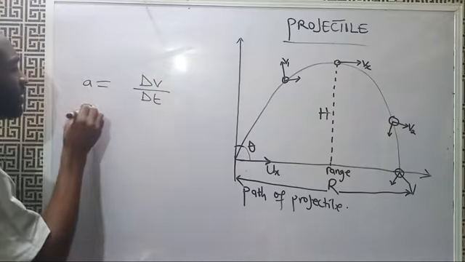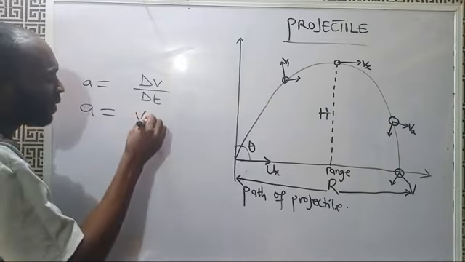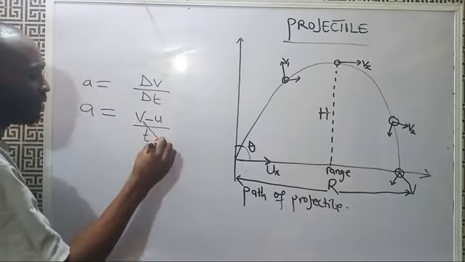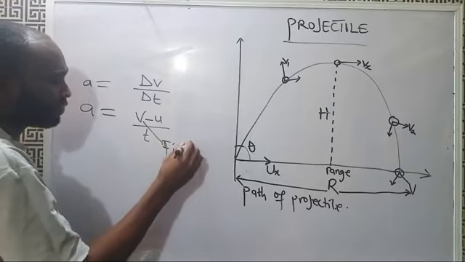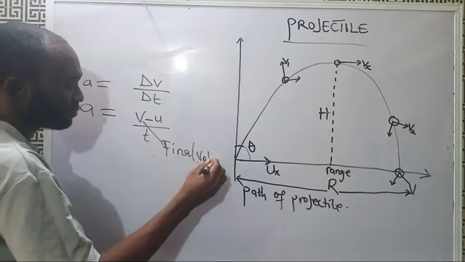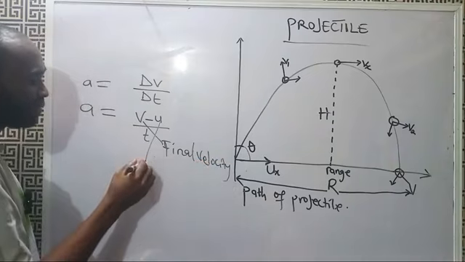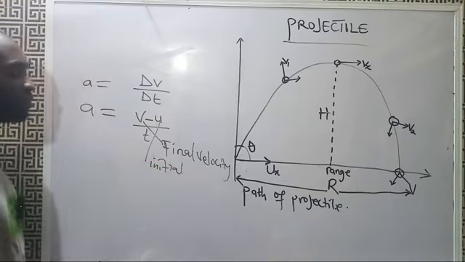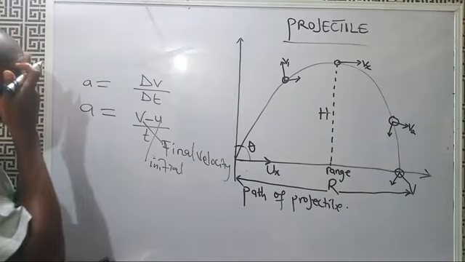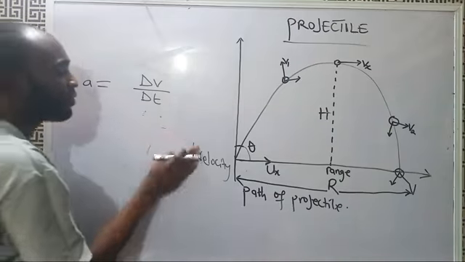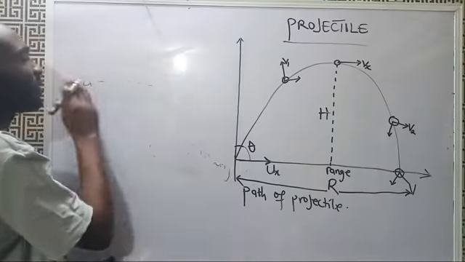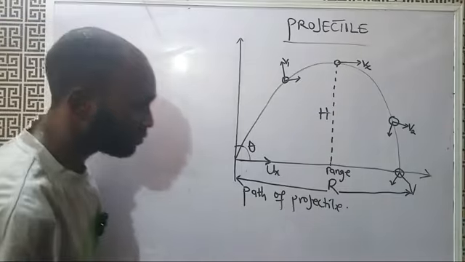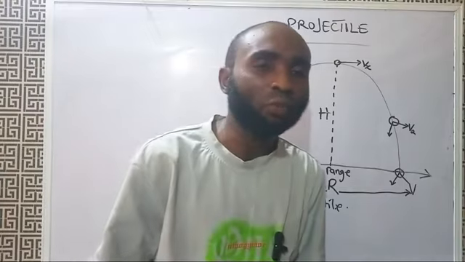Okay, this is the same thing as v minus u all over t, whereas v is the final velocity, then u is the initial velocity. Okay, so guys, since we have understood velocity, displacement, acceleration, let's now go back to projectile.